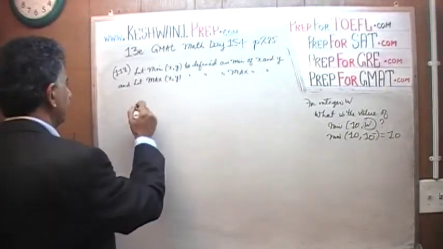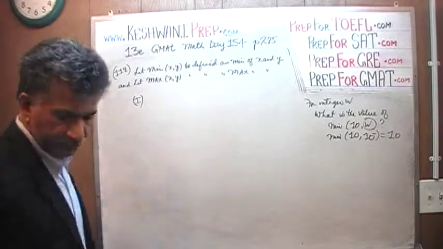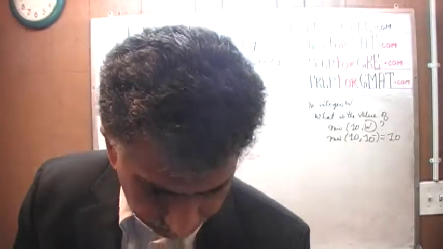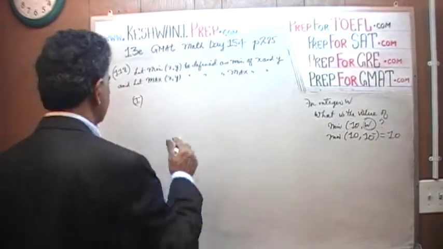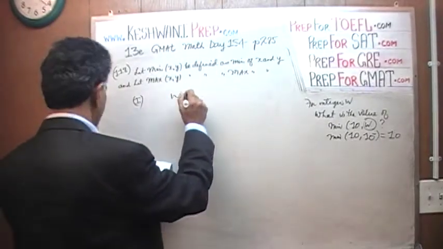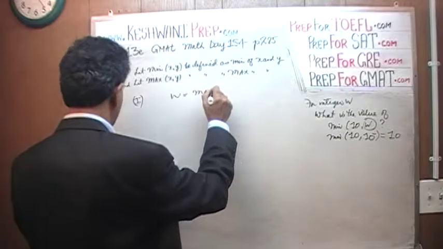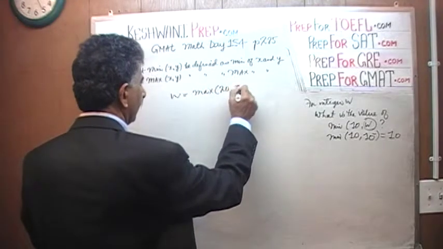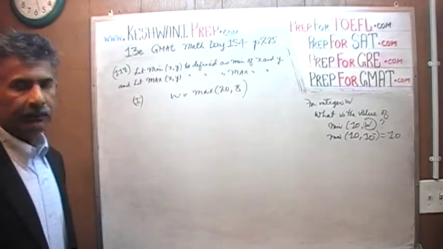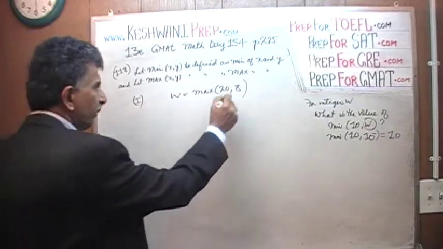In the first statement, they tell us that the maximum of 20 and z happens to equal w. But there are only two possible scenarios here.